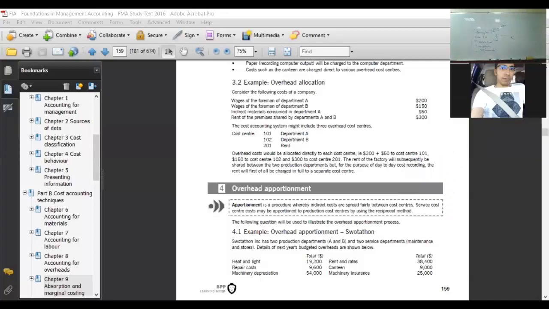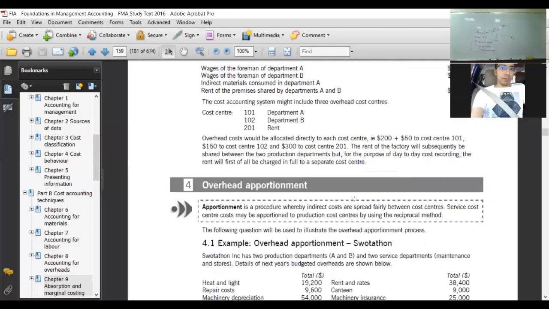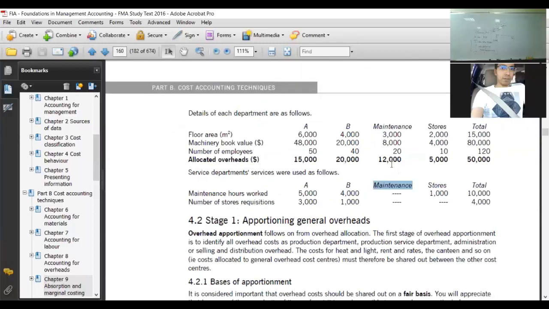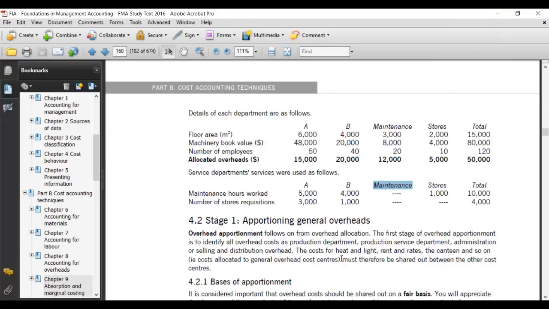You guys can see the screen, right? Overhead point. Okay. 1 second, where am I now?